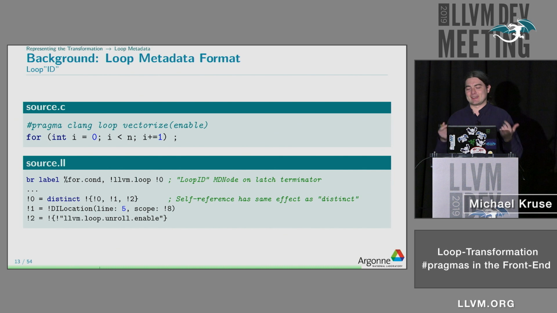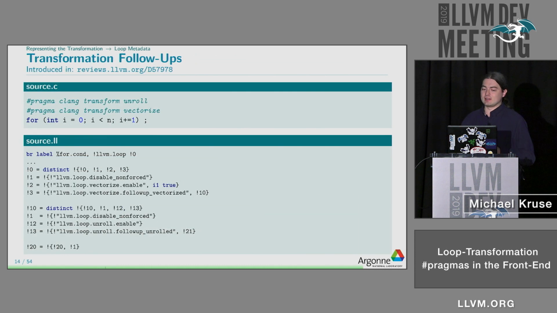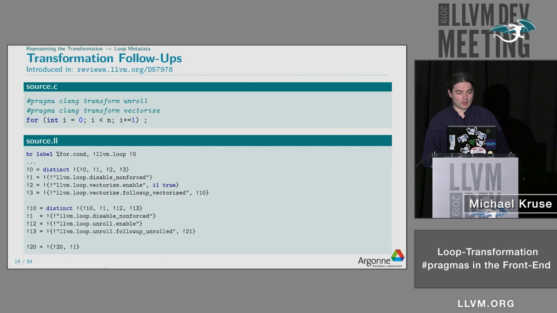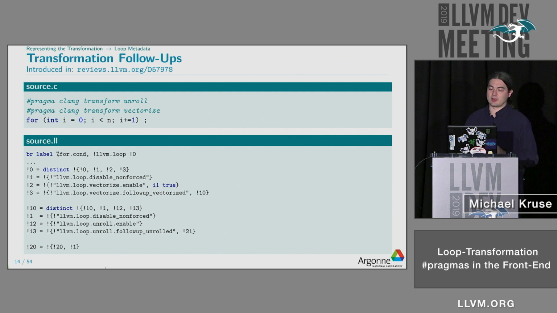But of course, for vectorize, it would say llvm.loop.vectorize.enable. What I committed already, which is already in LLVM, is a way to convey an order of transformations in the metadata. What I came up with is these follow-up attributes.